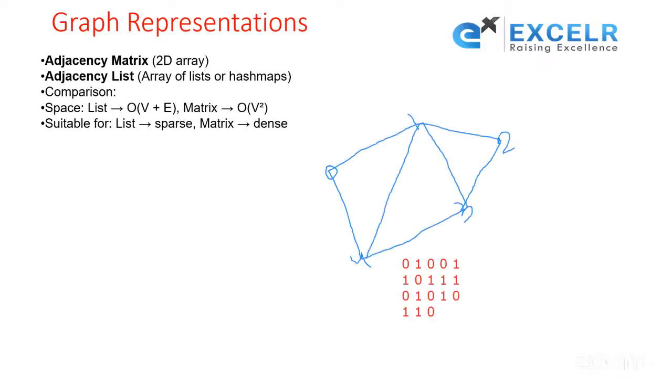So for vertex 3, it would be 3 to 0, no edge, 3 to 1 is an edge, 3 to 2 is an edge, 3 to 3 is 0, 3 to 4 is an edge. So 3 to 0 would be 0, then 3 to 1 would be 1, 3 to 2 would also be equal to 1, 3 to 3 would be 0, and 3 to 4 would be 1. So this would be this, right?